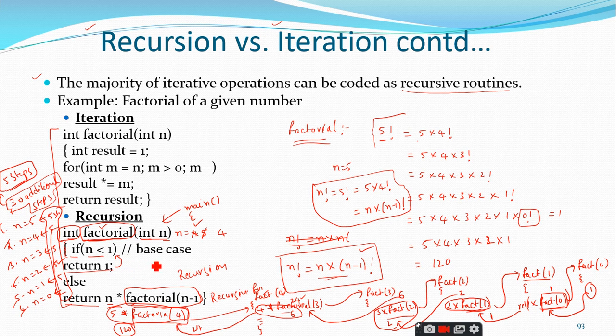The first one is the base case, which tells where to terminate. The second one is the recursive case, which iterates. So if n less than 1, this is the base case. Why? Because it is telling the program when to stop the recursion. And return of n multiplied with factorial of n minus 1, this is the recursive case.